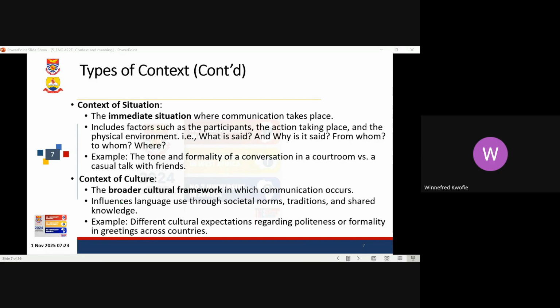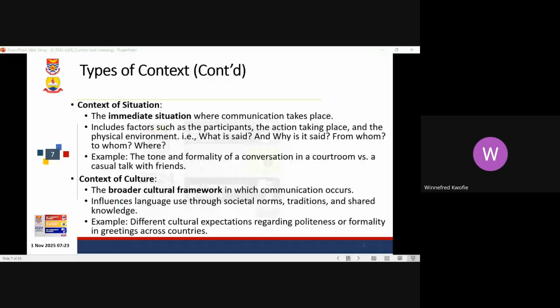Now here, in terms of greetings, let's say in Ghana here, you meet an elderly person, say hello, and you meet another person, say hello, and you pass.